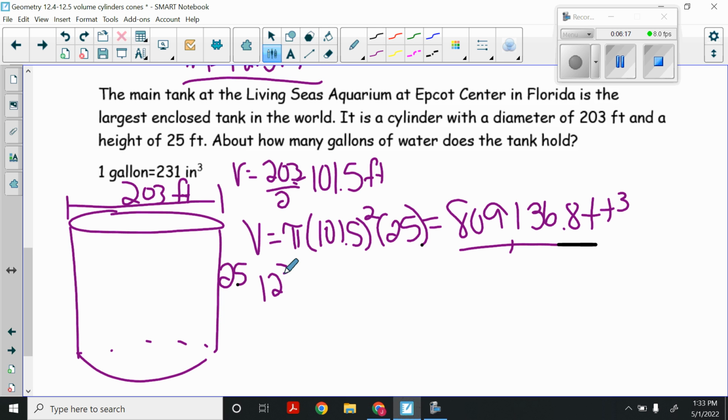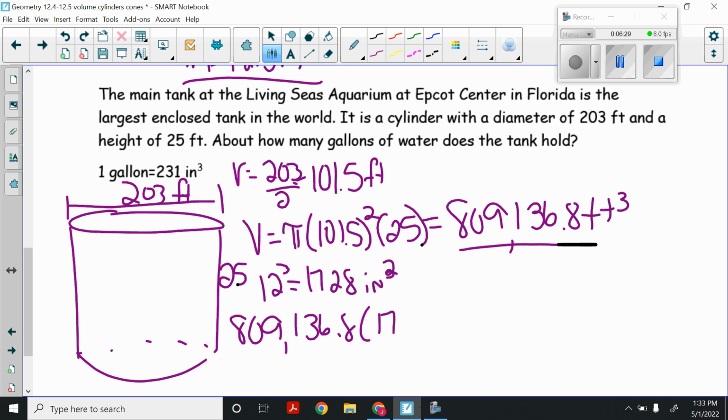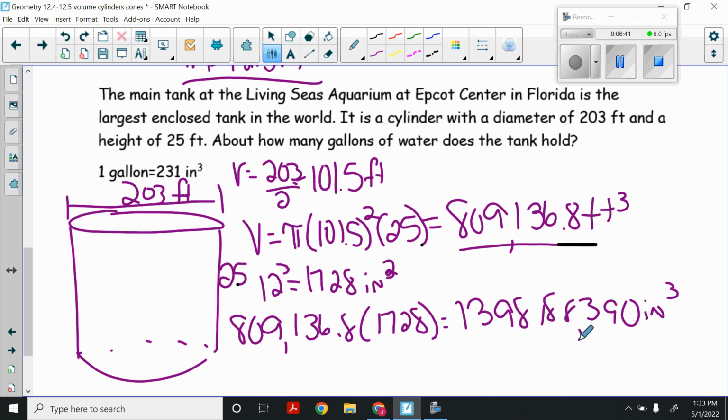So 12 cubed gets me 1,728 inches cubed. So if I do 809,136.8 times 1,728, I now end up with, let's see, it's a really big number, cubic inches.